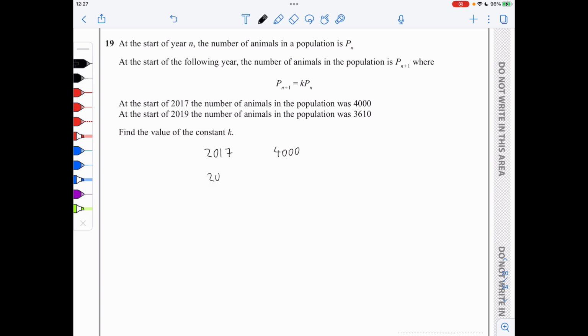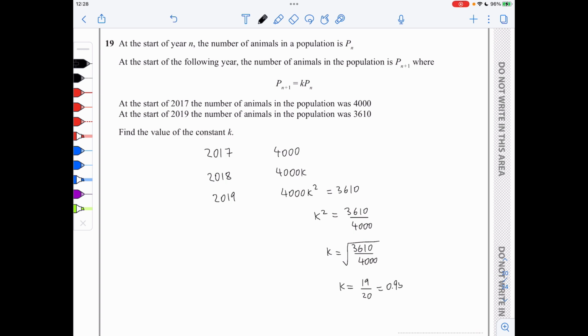So in the next year, we multiply by k, and if we multiply again by k, we get 4,000 k squared, and we have been told that this is 3,610. We're trying to find k, so k squared is 3,610 over 4,000, which means I can take the square root of this number, and this gives an answer for k, which is 19 over 20, or 0.95.